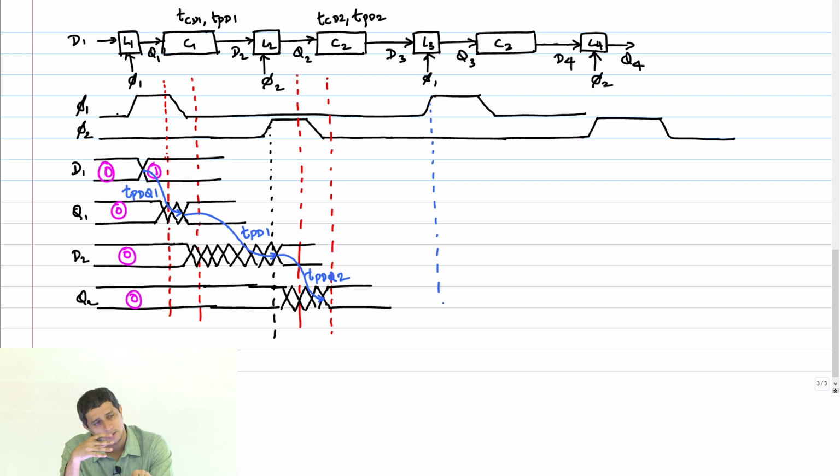But essentially what I'm saying is, you can borrow within a half cycle, right? You can borrow time from phi 2 under all conditions. But to borrow time from the next cycle, across cycles, you have some constraints. You can't do it in all systems. Okay, we'll look at examples for that.